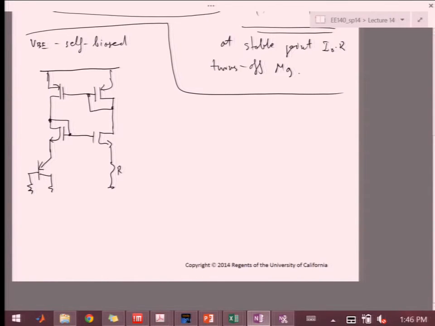Okay, so in this case, as long as these transistors are same, I'm dropping same VGS over here. So I cancel that impact, and I only have this VEB dropped across R. So this is VEB1. Okay. So my I out is VEB1 over R.